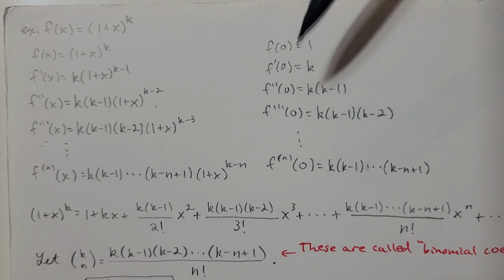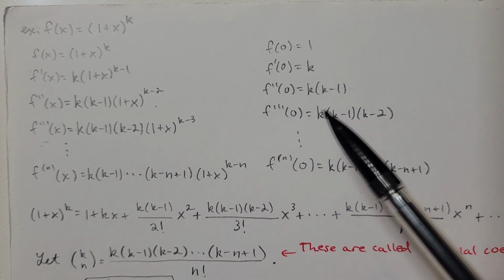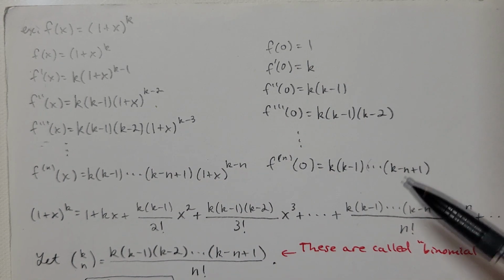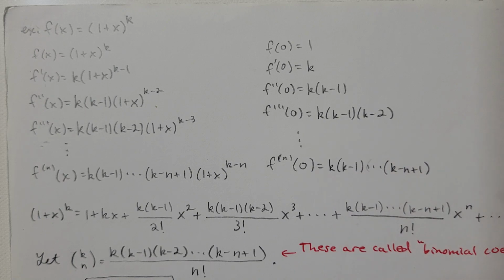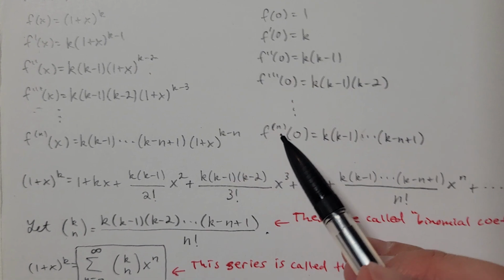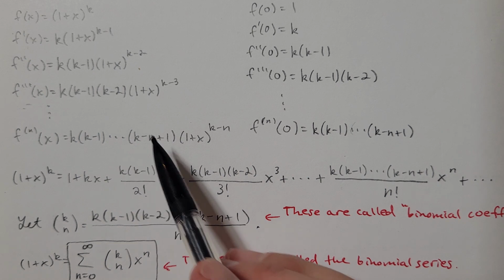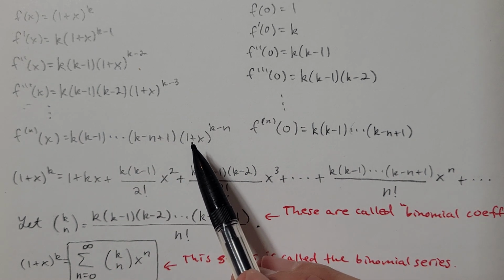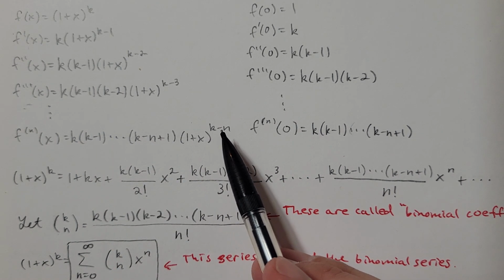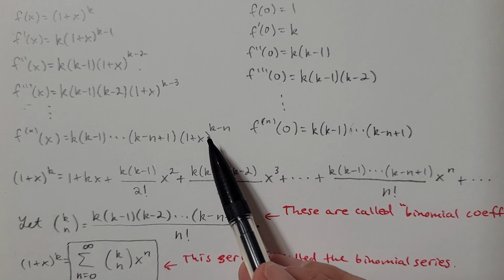F triple prime of 0 is k times k minus 1 times k minus 2 times 1, etc. So the nth derivative at 0 is just going to be all these coefficients that are in front of 1 plus x to the k minus n, because that term is going to go to 1, right?